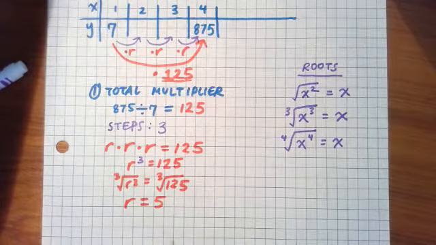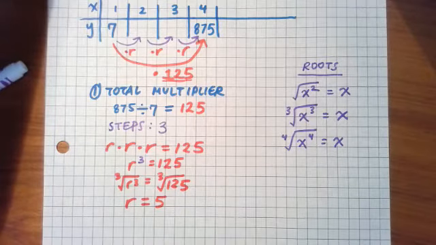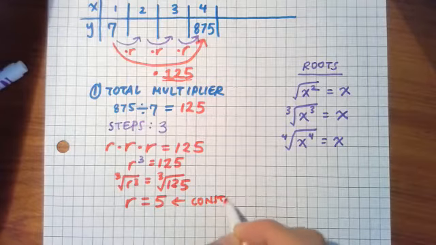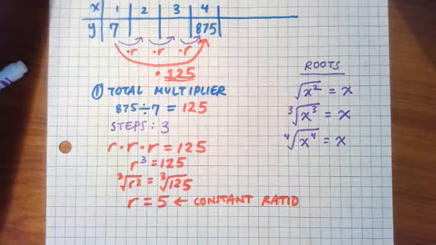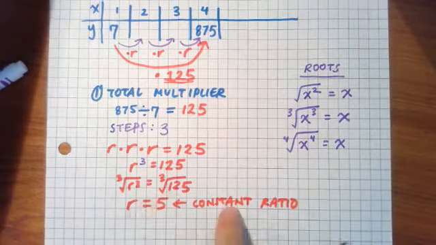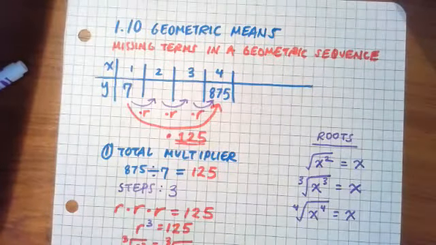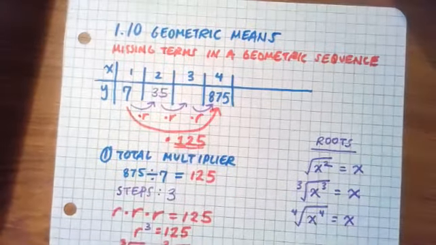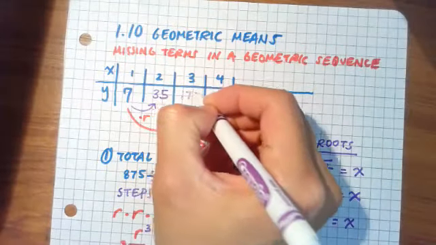In other words, 5 to the third power is equal to 125. 5 times 5 times 5 is 125. So that's my constant ratio, and I can use that to fill out this table. 7 times 5 is 35. 35 times 5, you can use a calculator if you need to, is 175.